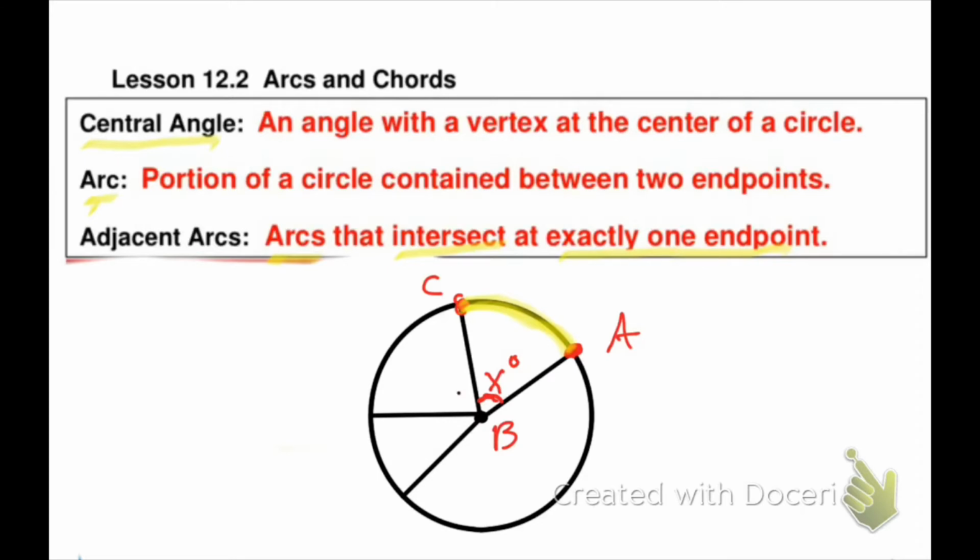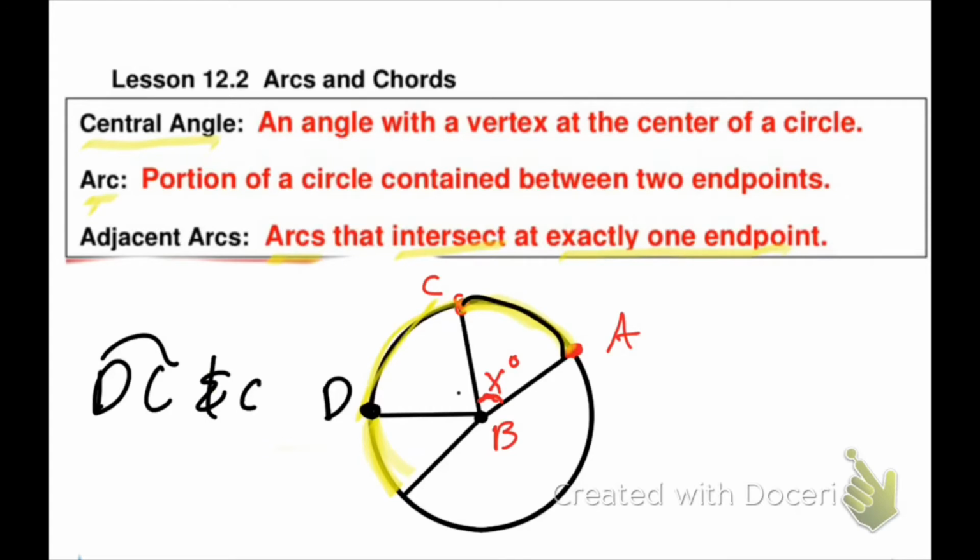So here's a central angle, and I get another central angle. I also get corresponding arcs here. So there's an arc. There's an arc. Now, adjacent arcs are arcs that only intersect at one point. So arc DC and arc CA are adjacent arcs because they only intersect at point C.